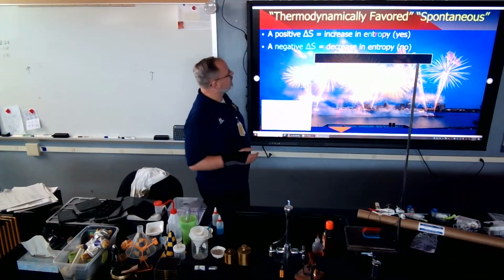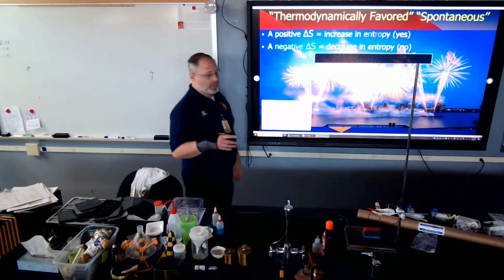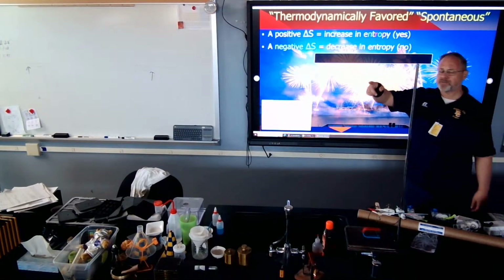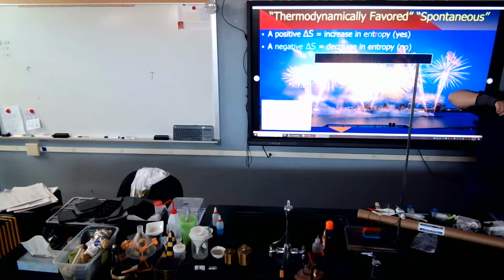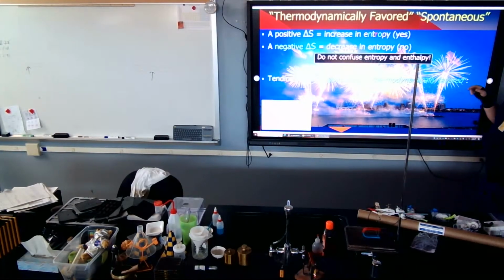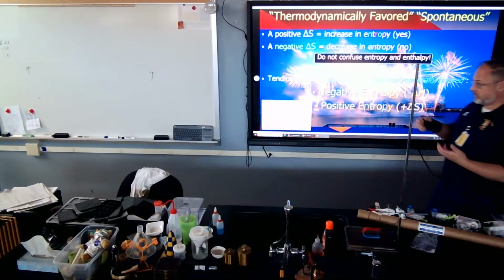And a negative delta S is a decrease in entropy that is not spontaneous. And then, does the universe want heat to be released out of a system or into a system? Out. So a negative enthalpy, in other words, the system is releasing heat, is thermodynamically favored, and a positive entropy, where it is becoming more chaotic, is favored.